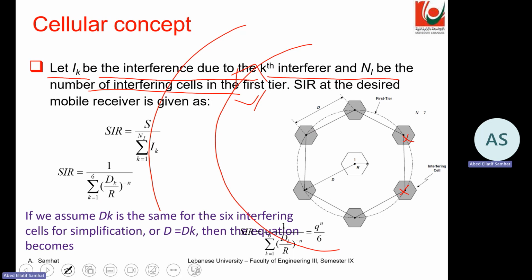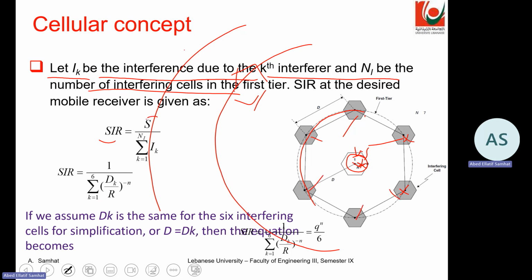So typically in a cellular system, we consider that the interference coming from the first ring is the strong one, and the others could be, let's say, removed or negligible. So if we are working in the complete case, the signal to interference ratio at this level, we are here. We have a useful signal from the base station, and we have the other signals coming from the other cells.